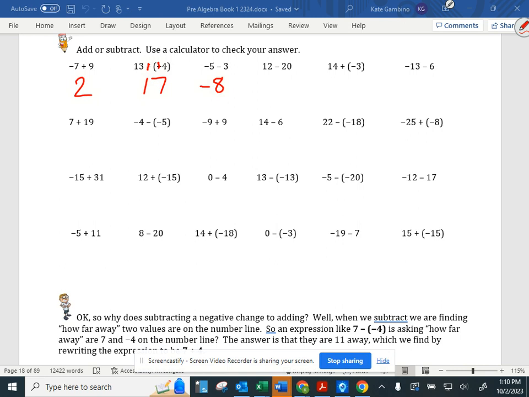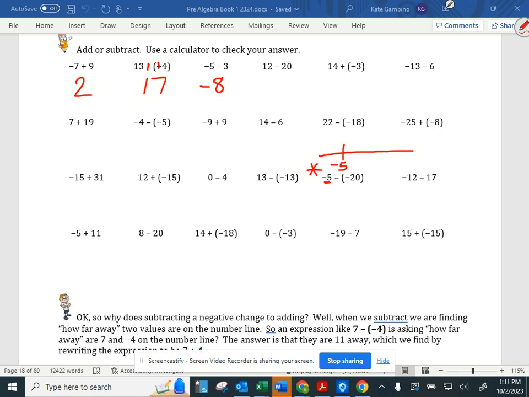Trying to think if there's any other ones. James? Negative 5 minus negative 20. Okay, so let's look at this one. Negative 5 minus negative 20. So that negative 5 tells me what? Well, you're on negative 5 on the number line. Yeah, that's where I'm going to start on the number line.